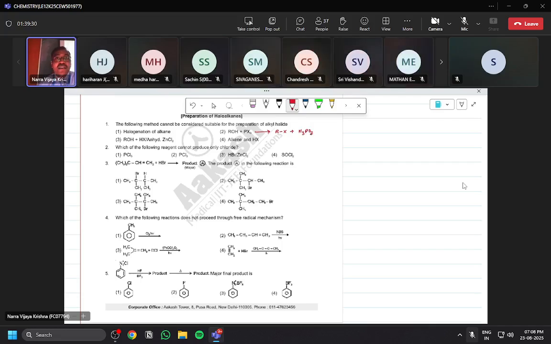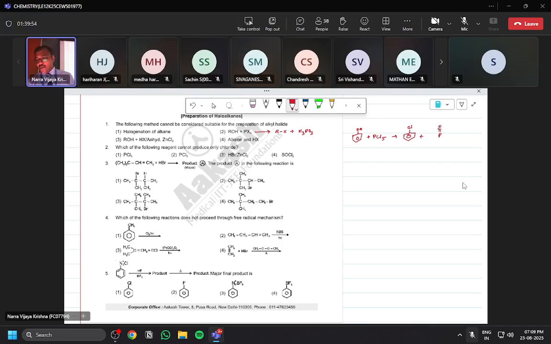Correct? If it is PCl5, POCl3. If it is a phenol, in case of phenol with PCl5, you will get chlorobenzene, but it is not major. It is not major. Correct or not?